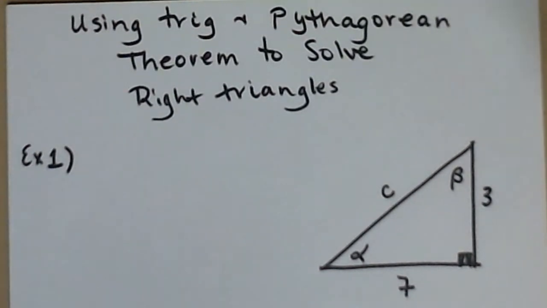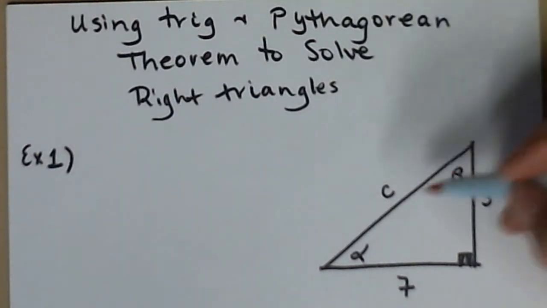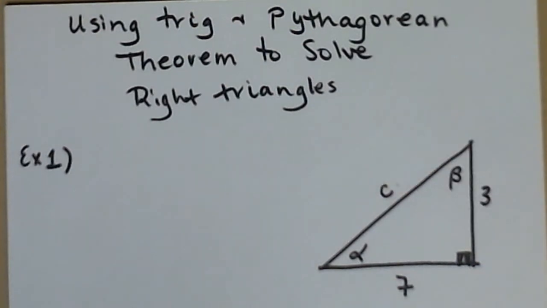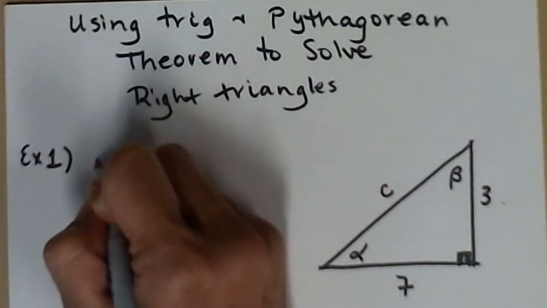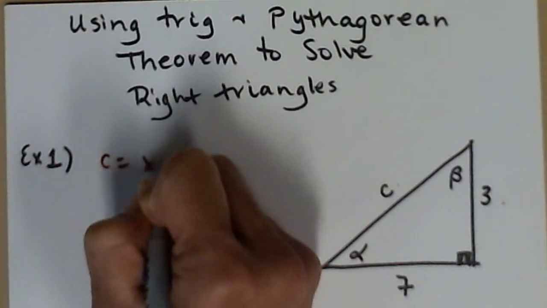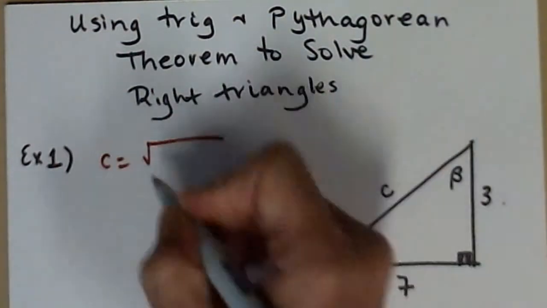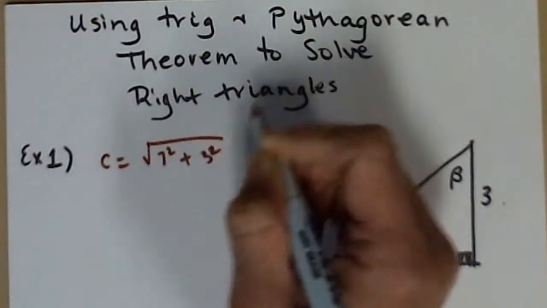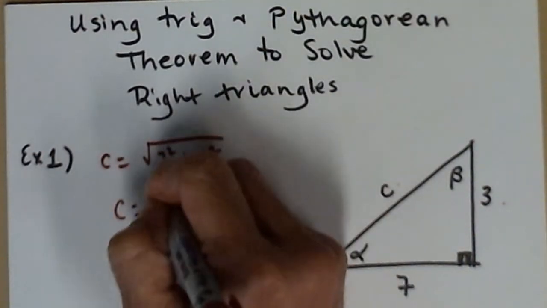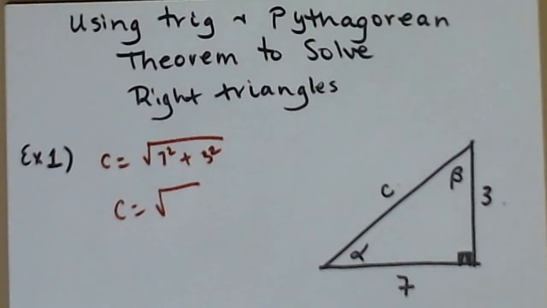All right, so it doesn't really matter where you start. Pythagorean theorem is going to tell us C. So let's go ahead and do that first. So a squared plus b squared is c squared. So C is the square root of a squared plus b squared. So C will be the square root of 49 plus 9.